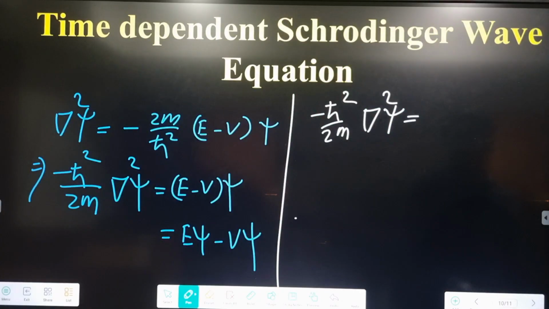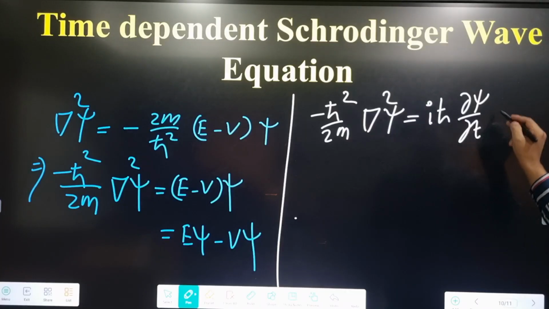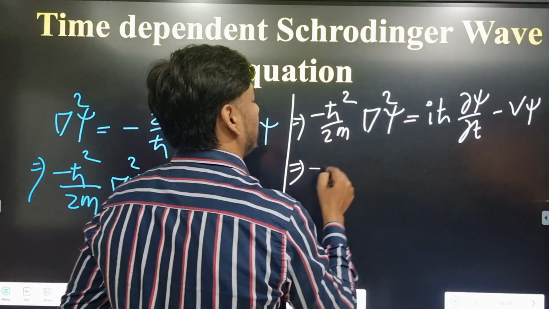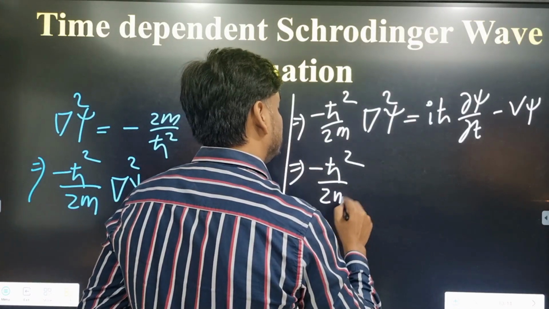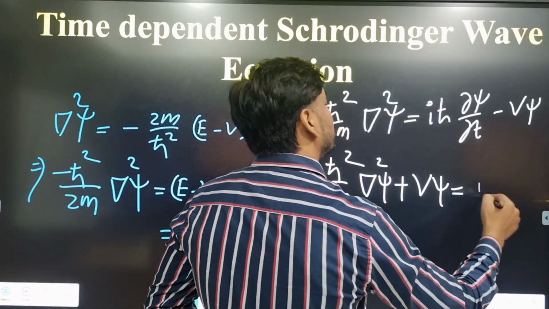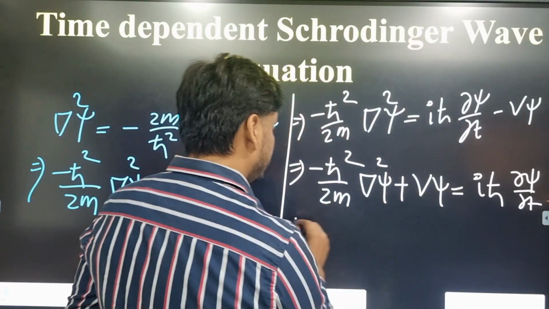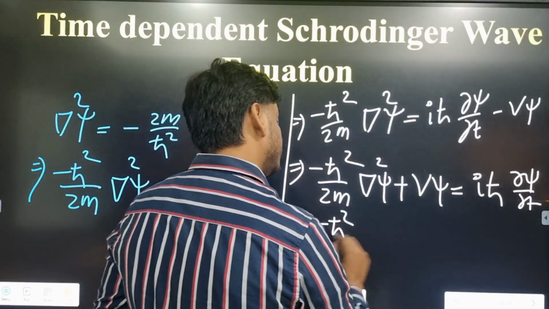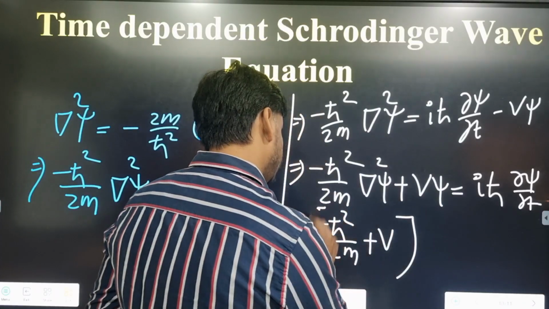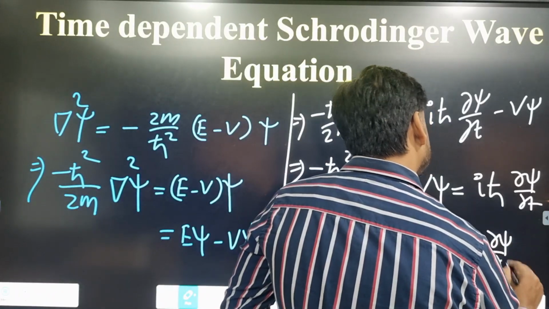So we have minus h cross square by 2m del square psi equals i h cross del psi by del t minus V psi. The V term we can take to the LHS: minus h cross square by 2m del square psi plus V psi equals i h cross del psi by del t. Here you can take psi common, so minus h cross square by 2m del square plus V, into psi, equals i h cross del psi by del t.